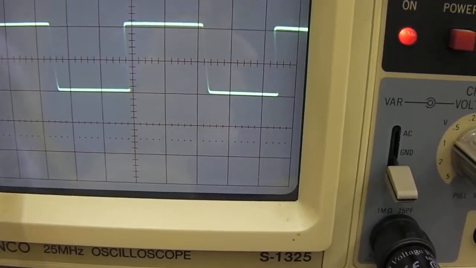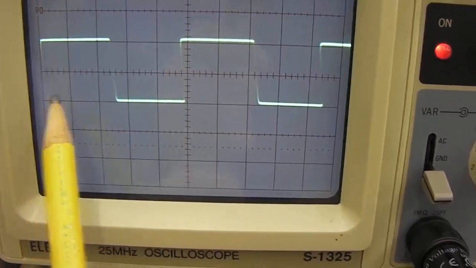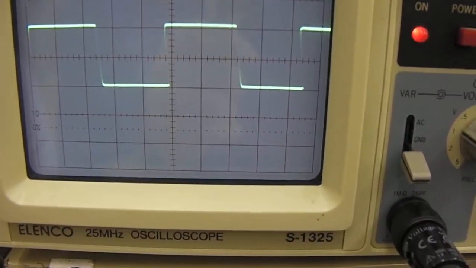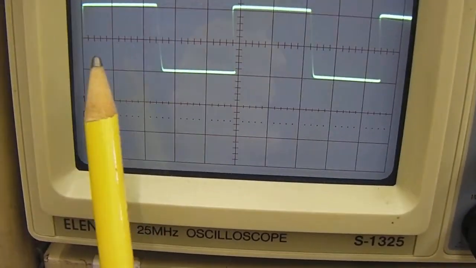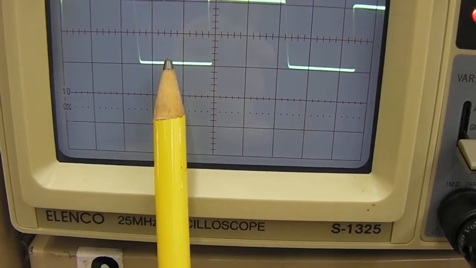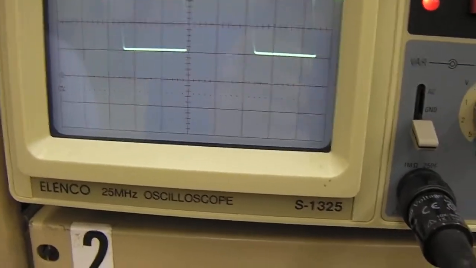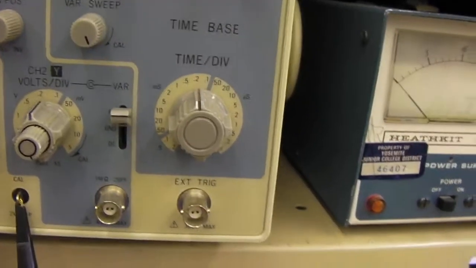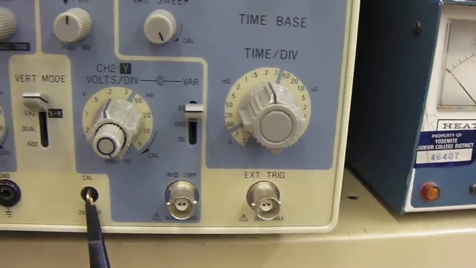What I'm looking at is going from right here to right here. That's one complete cycle. Now when I look at it on that setting, it looks like one cycle is 1, 2, 3, 4, 5 divisions. Just about exactly 5 divisions. Of course, I've also changed the setting on the time base, the time per division control.